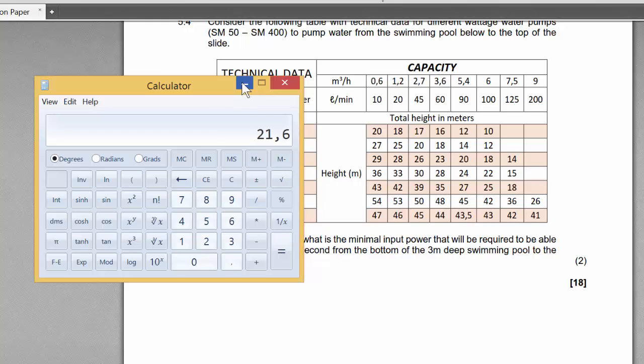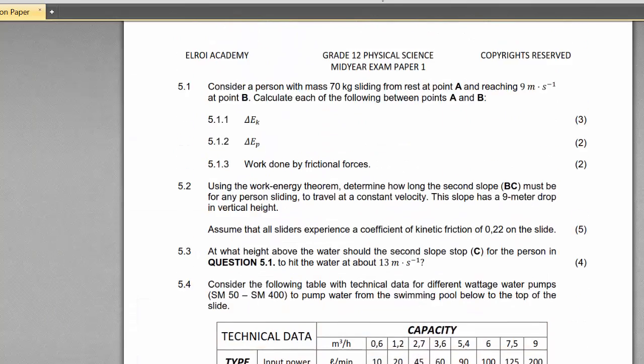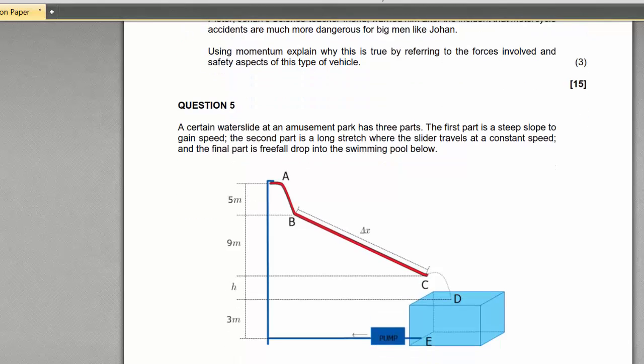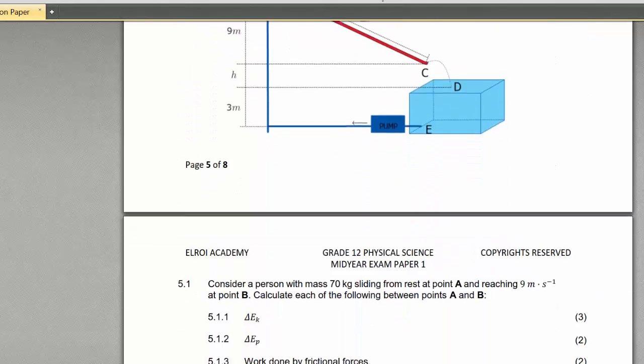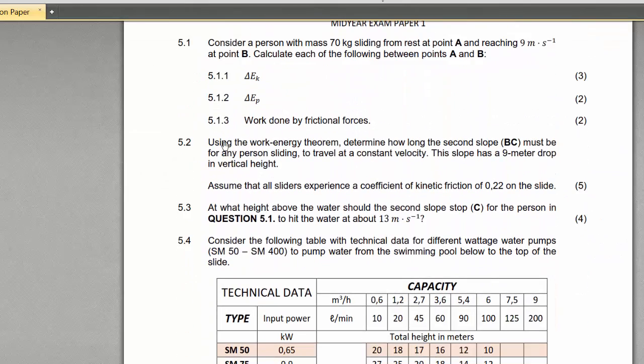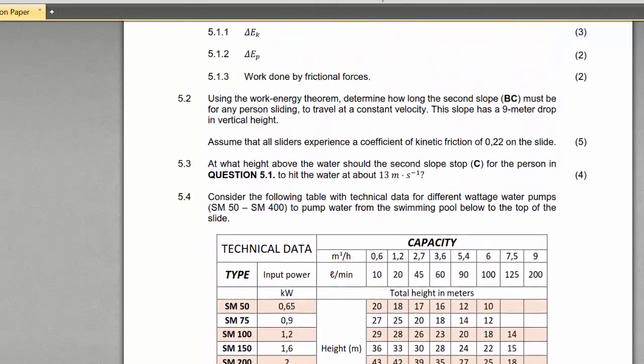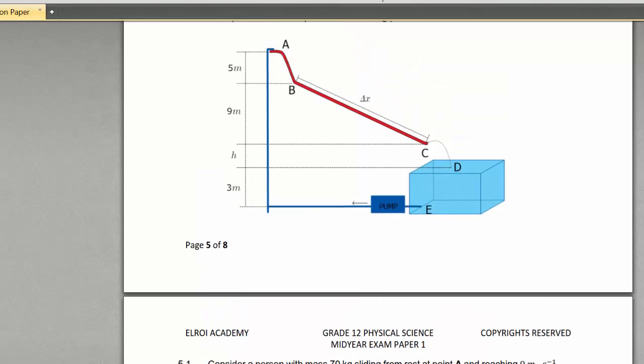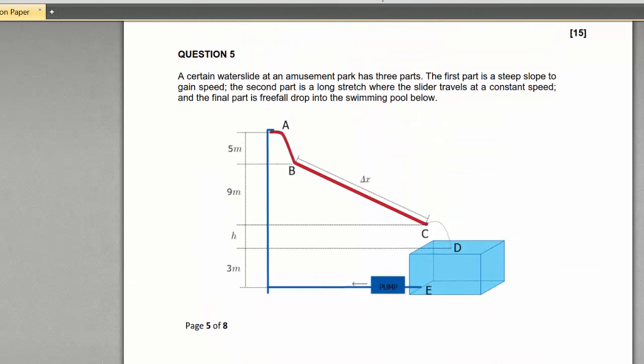I think you should be able to do it in time, but this was a difficult question. I do not blame you if you struggled with this, especially question 5.2 and question 5.4 were difficult out of the box questions. So yeah, but that's how you would approach it. Hope you learned something, and that you understand the question from here.